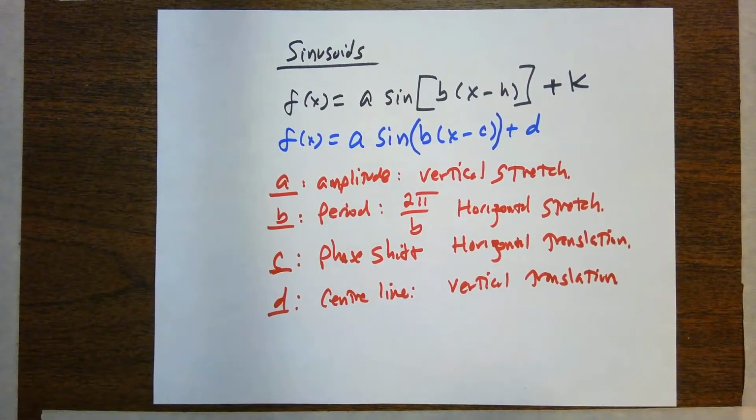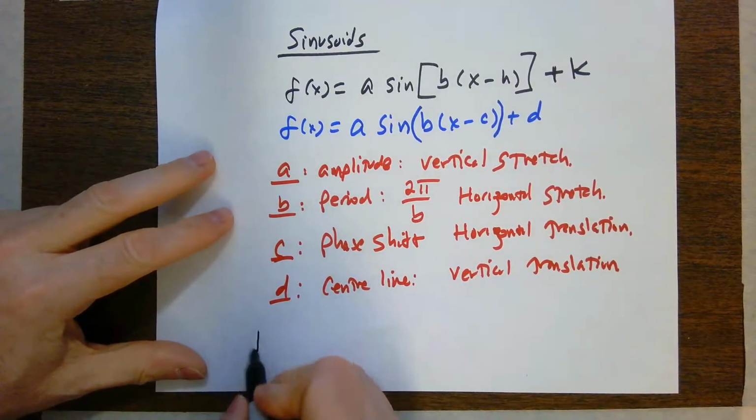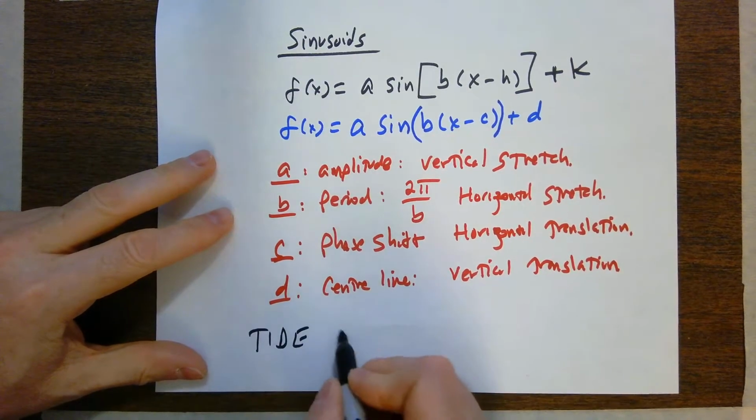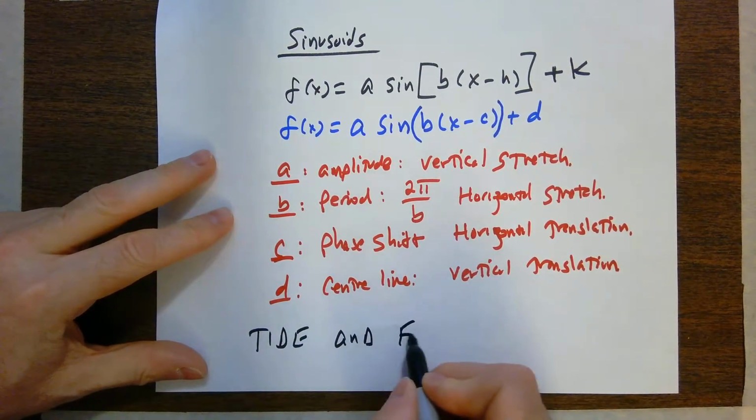Now with the sinusoids, there are two classic types, two main types, and we're going to look at both of these and spend a lot of time with both. The two different types of problems that we're going to be dealing with are tides and Ferris wheels.